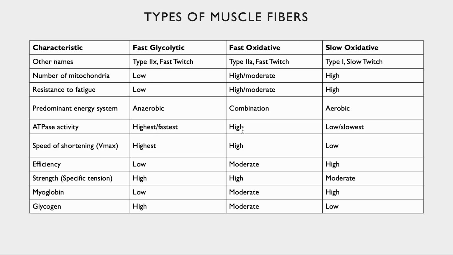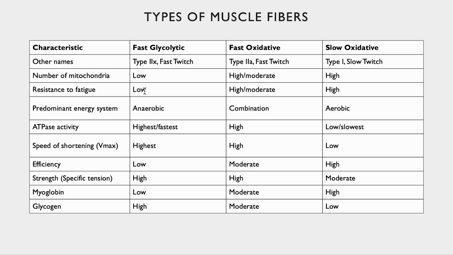It's going to be simply high in the fast oxidative, and it's going to be low, the slowest, in the slow oxidative. So as a result of that, the slow oxidative fibers are going to be very efficient. They are very resistant, very efficient, while the fast glycolytic fibers have a low efficiency because they have a low resistance to fatigue.